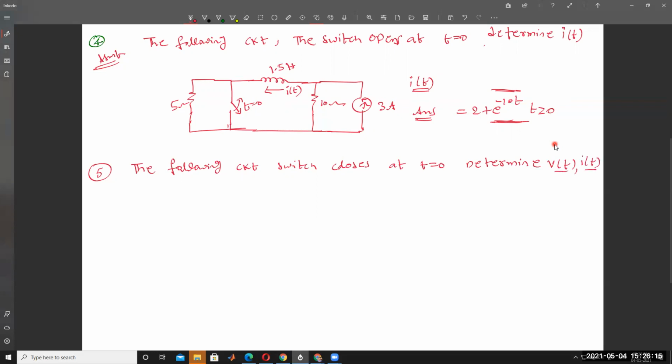Okay, so this is the circuit diagram. Plus minus, here 10 volts, here a resistor. This is called the capacitor, here 1/3 farads.